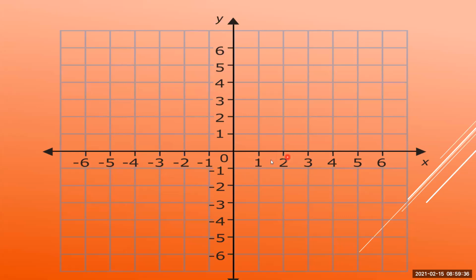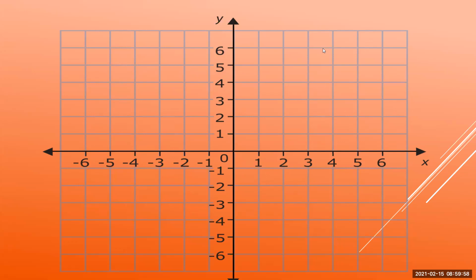Then from 1 to 2, only one box we have taken. So that only we have to write on a scale. That is, on scale, x-axis, 1 unit is equal to 1 centimeter. If you are taking 2 boxes for 1 centimeter, you are going to write 1 unit is equal to 2 centimeter. And the scale is very, very important, students. Please don't forget to write the scale.